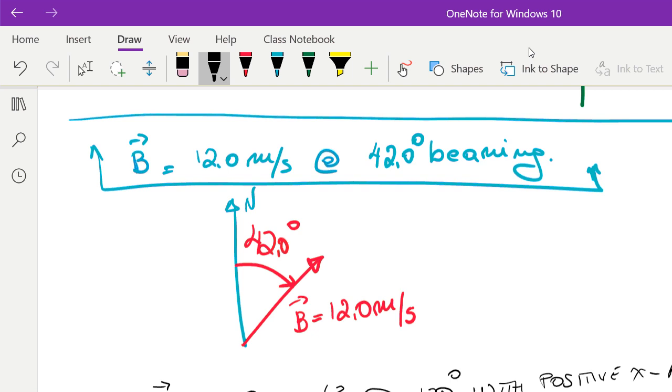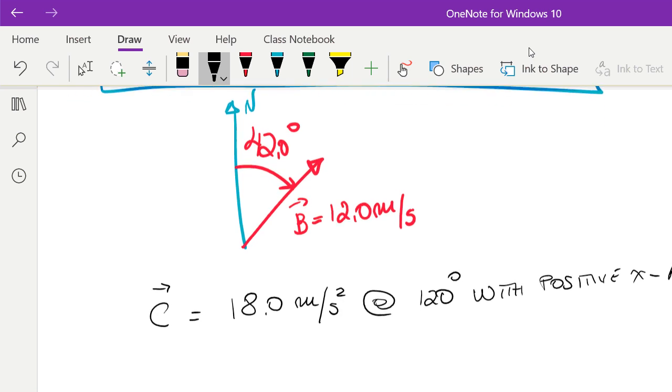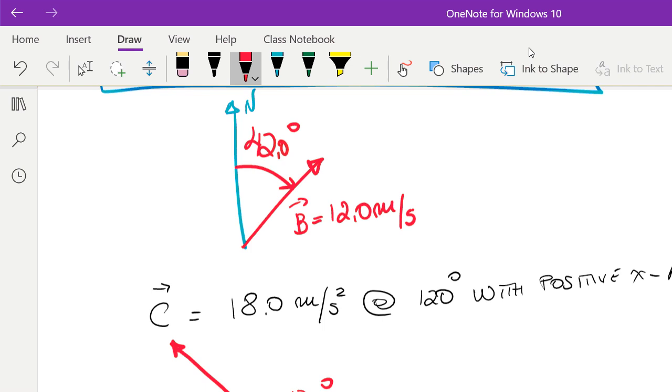Then the way that you will represent this vector is, here you have the positive x-axis and 120 degrees will be something like this. And this line segment, the red one that you see here, will represent 18 meters per second squared through a scale, whatever scale you decide to use for this purpose.